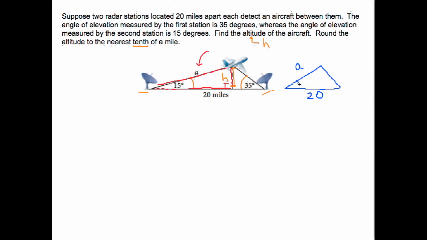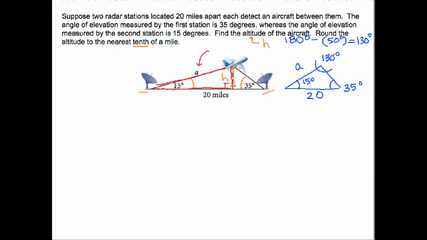I have 15 degrees, and I have 35 degrees. And I suppose I can find my third angle very quickly by taking 180 degrees and subtracting away 15 plus 35, which is 50 degrees. And this is 130 degrees.